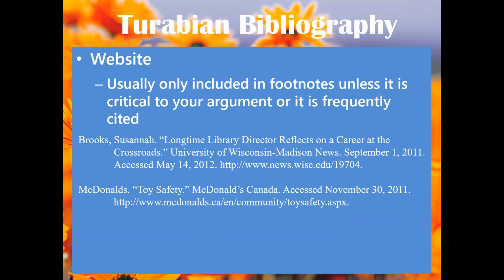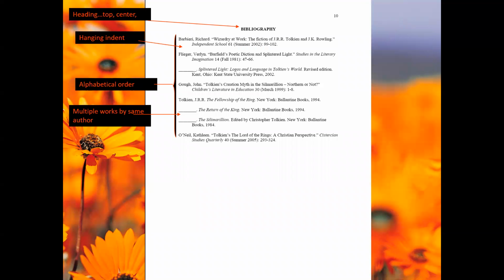That way, there's no chance of ending the argument. Here's an example of what a bibliography will look like. You'll always have a hanging indent, and it shows even repeated authors from Tolkien and Fleeger.